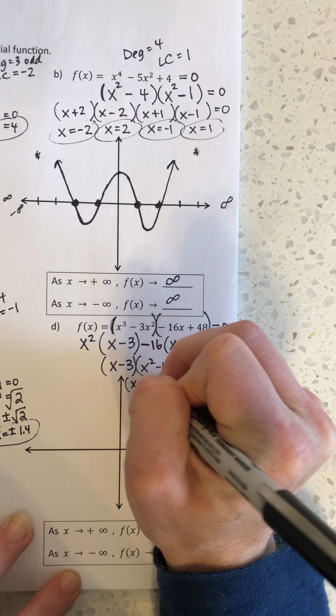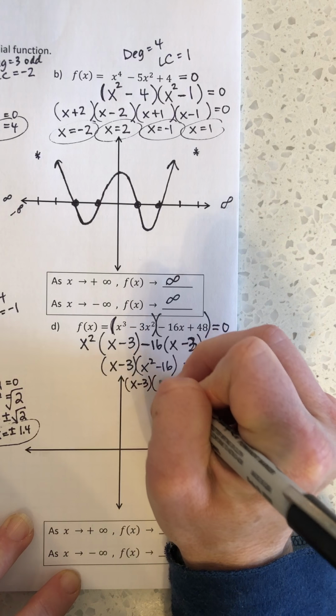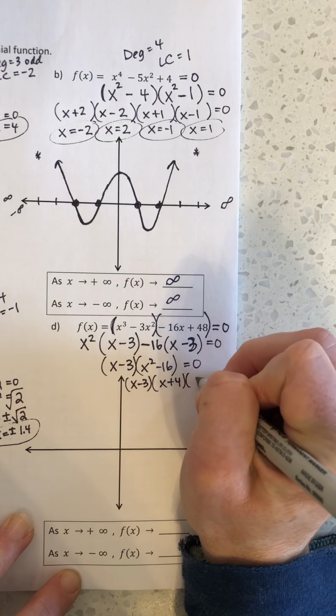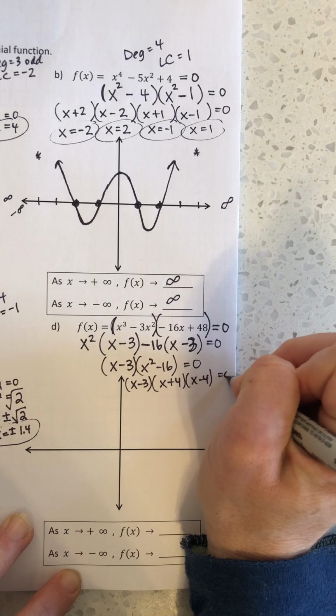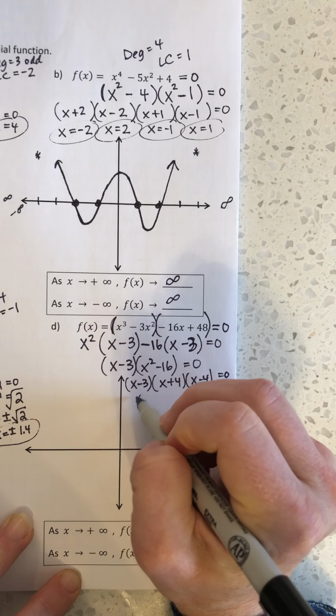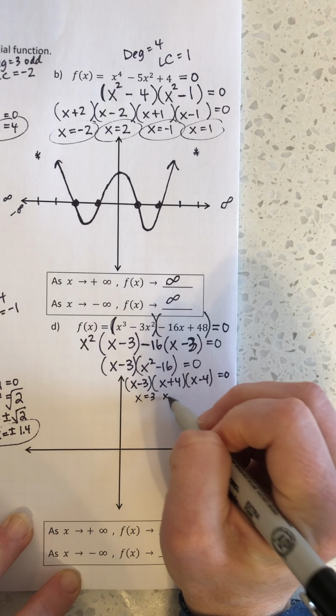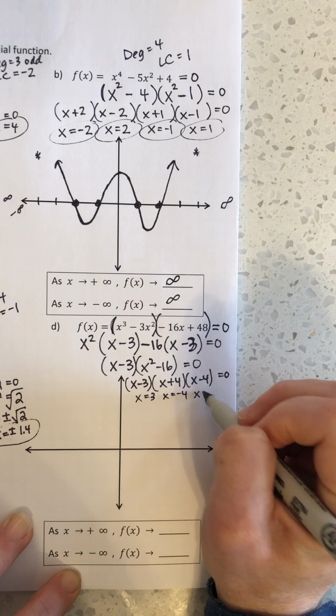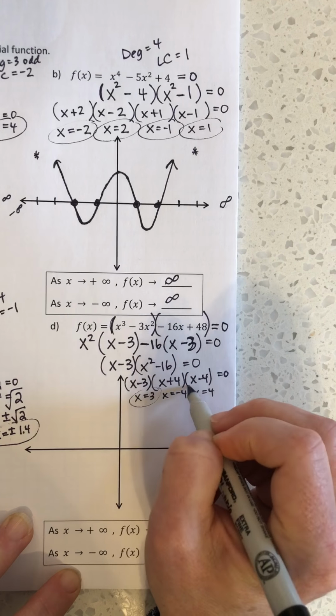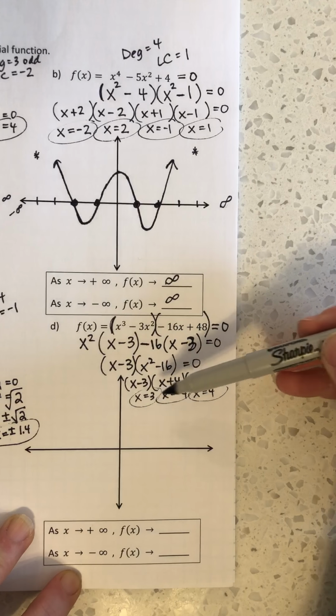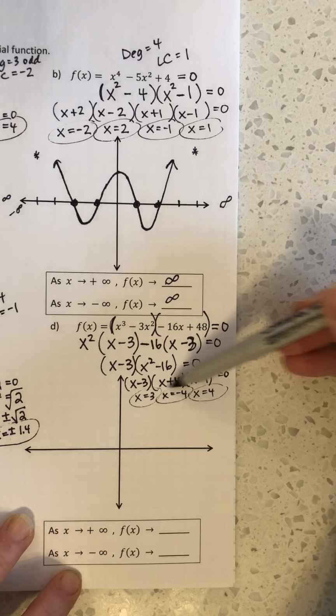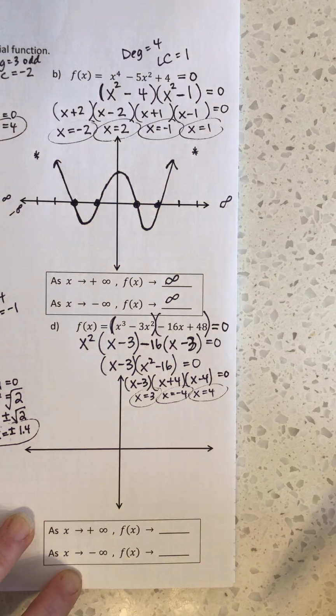So I get x minus 3 still, and then it'll factor to x plus 4 and x minus 4. And then you set all your factors equal to 0, and you get 3, negative 4, and 4 as your 3 x-intercepts. They are your 3 roots, your 3 zeros, your 3 x-intercepts to this degree 3 polynomial.